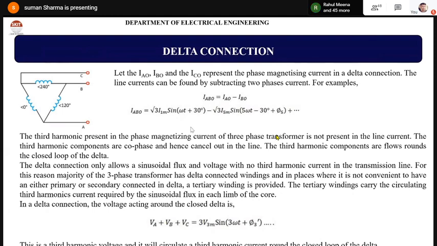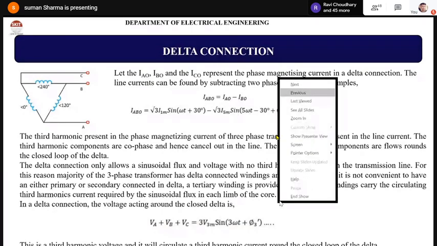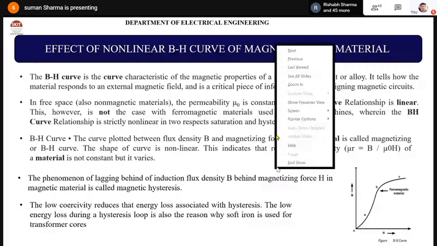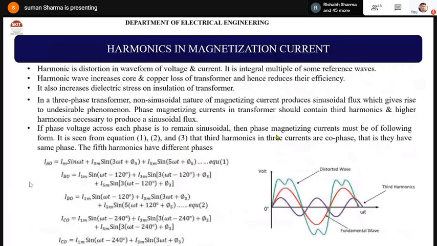Fundamental में 30 ऐड किया तो जो फिफ्थ ऑर्डर था उसमें हमारा आ रहा था, जो भी एंगल था उसमें हम -30 कर रहे हैं. ठीक है, हाउ इट इज कमिंग, बिकॉज उसमें एंगल कितना आ रहा है वो हम देखते हैं. पहले कितना आ रहा था फिफ्थ हार्मोनिक में? फाइव ओमेगा टी प्लस 5 and in V naught it was 5 omega t minus 120. 5 times 120 means minus of 600 degree.